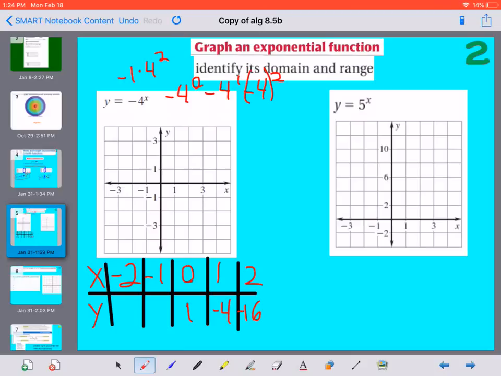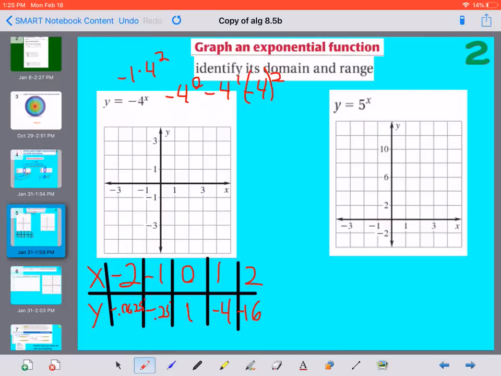Now, if we put the next one into our calculator, -4 to the -1 power, that gives us a -0.25. And -4 to the -2nd power gives us a -0.0625.